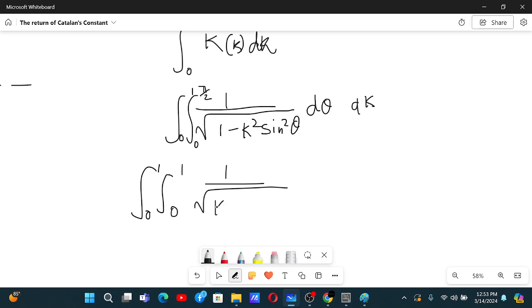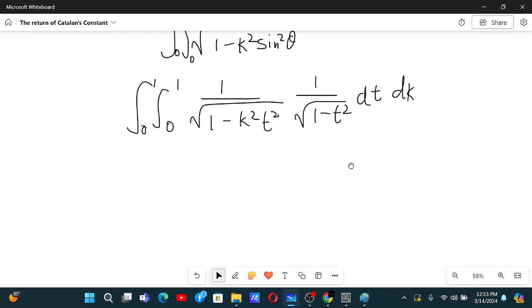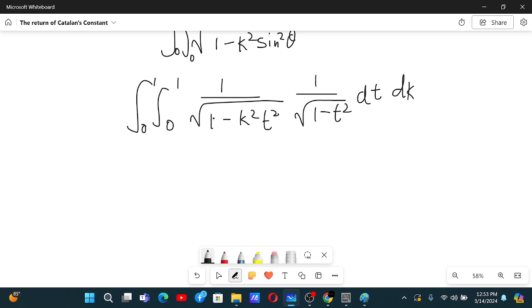We will have 1 minus k square t square. And if we make t equal sin theta, theta equals sin inverse t, that means d theta equals 1 by root under 1 minus t square dt, and then dk. Now from the dominated convergence theorem, let's interchange these two, dt and dk.